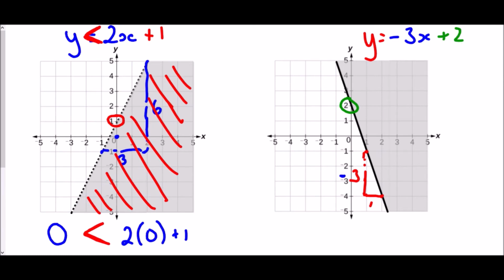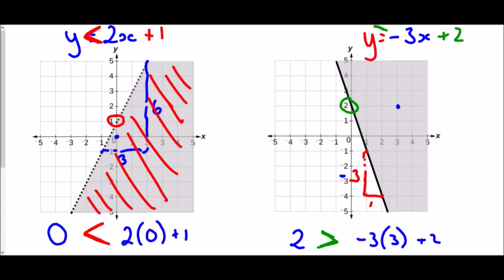And again, choose yourself a coordinate. Let's go with 3, 2. And so, y is 2, x is 3. Negative 3 times 3 is negative 9. Plus 2, well, that is negative 7. And so, 2 is greater than negative 3 times 3 plus 2.